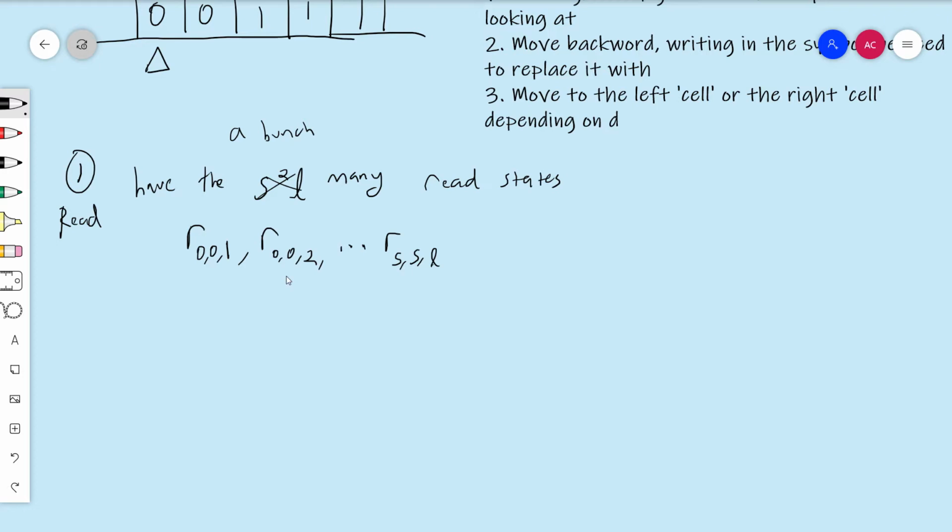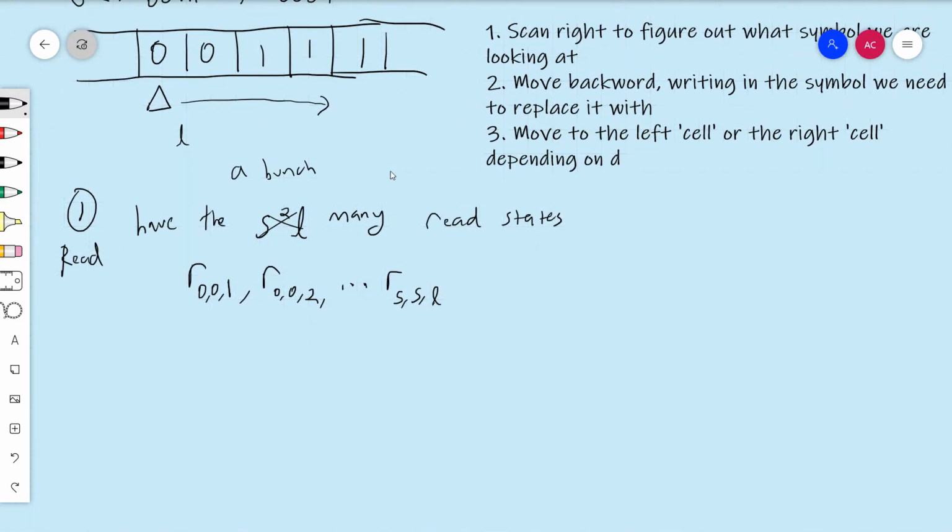So the idea is that at any point we're in a state L, but in order to actually know what to do, we also have to know what the symbol is. So I have to keep track of the state that I'm in while moving right and counting. I need to count two things. First, I need to count how far I've gone so that I know when I've reached the end of a simulated cell, and then I also need to count the number of ones so that I can figure out what symbol I'm looking at. That's why we're going to have two different subindexes for S here.